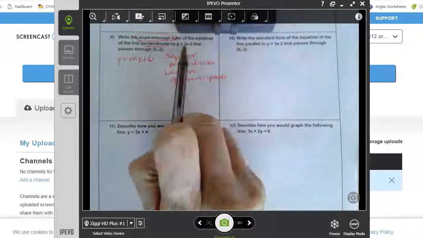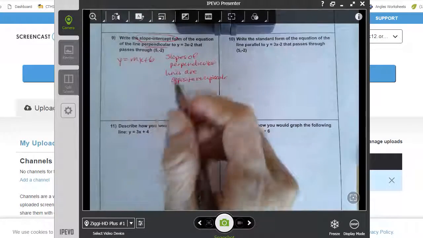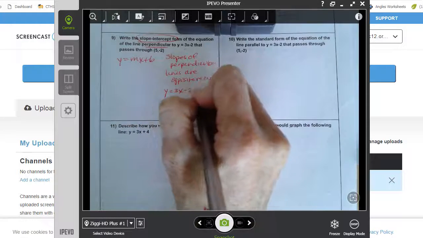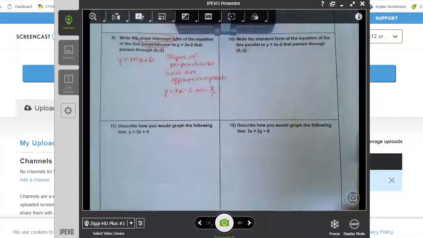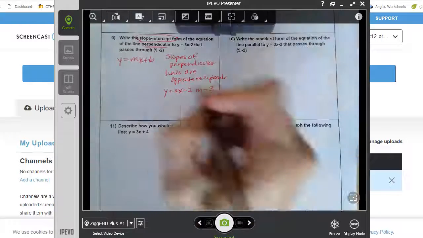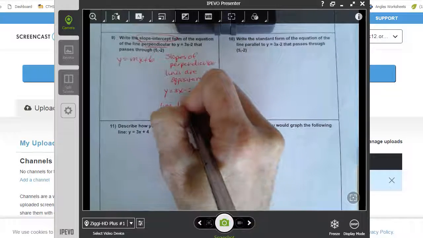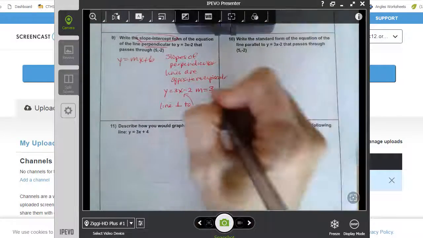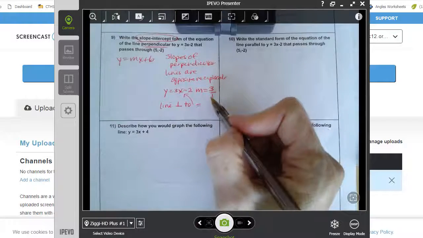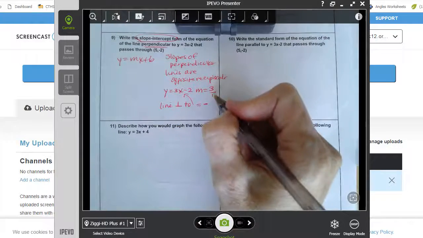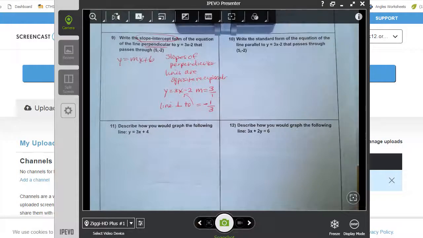So if my slope for y equals 3x minus 2 is positive 3, or 3 over 1, same thing, then the line perpendicular to it has to be the opposite sign. This one's positive, so mine's going to be negative. And the reciprocal, I'm going to flip, negative 1/3.